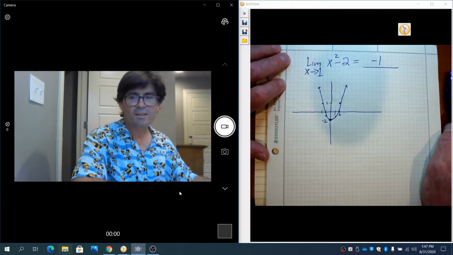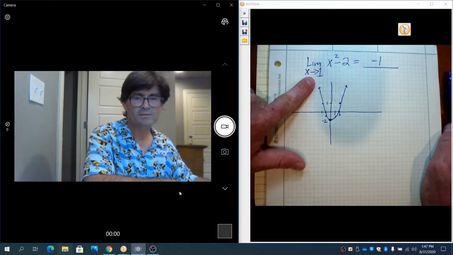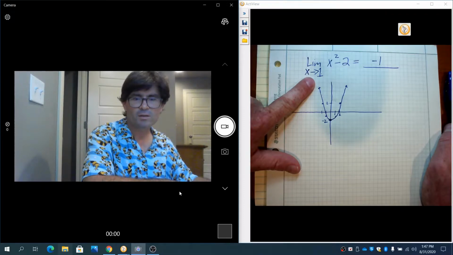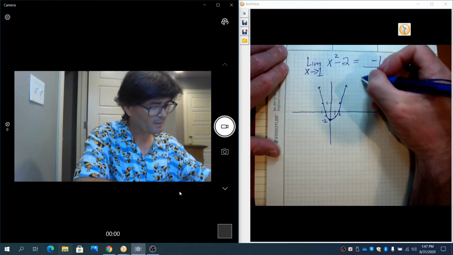So a limit is about what happens to the y value as x gets close to a certain x value. In this case, it's 1. So think about a limit, first of all, as simply a question. I'm going to write that question down.